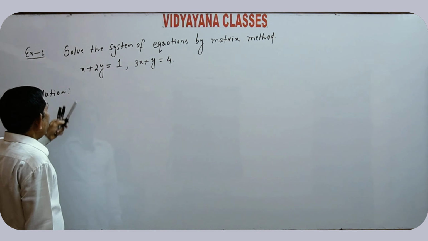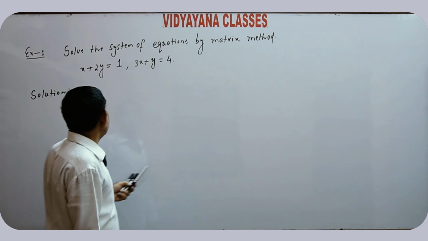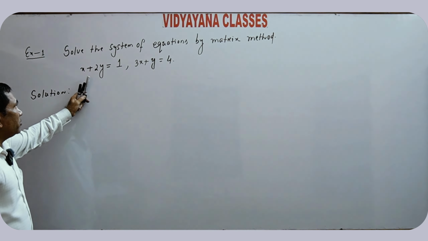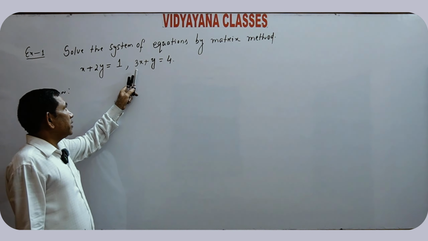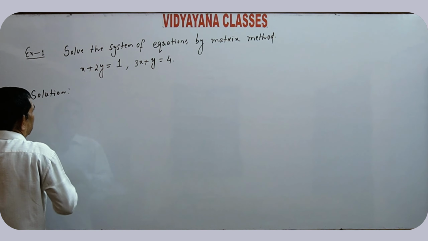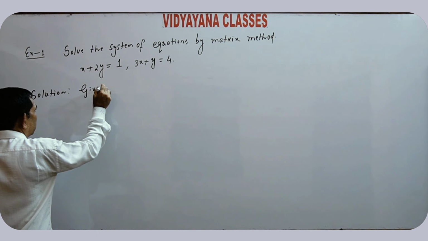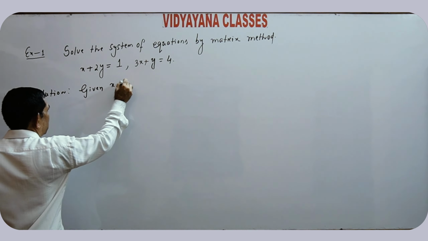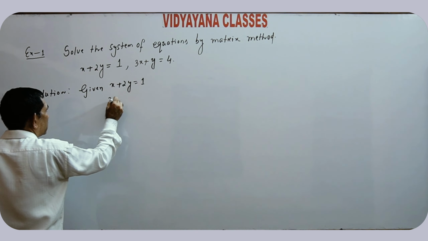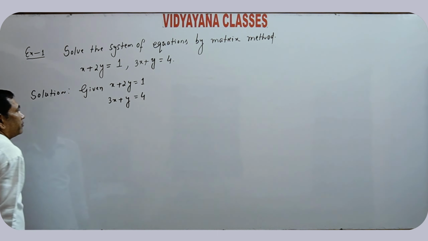Next, example 1. Solve the system of equations by matrix method. The equations are x plus 2y is equal to 1, 3x plus y is equal to 4. Solution. Given x plus 2y is equal to 1, 3x plus y is equal to 4.